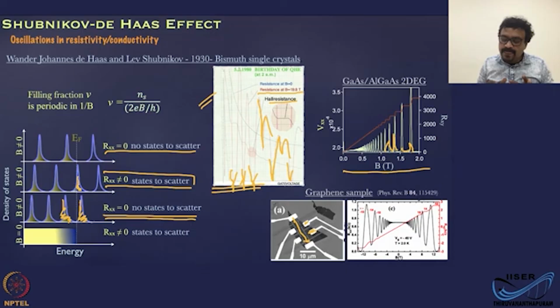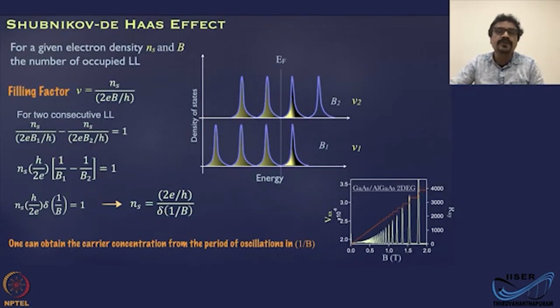These oscillations are called Shubnikov-de-Haas oscillations. Now, let us look into the Shubnikov-de-Haas oscillations a little bit more in detail, and you will realize that this is highly important technically and for material characterization.